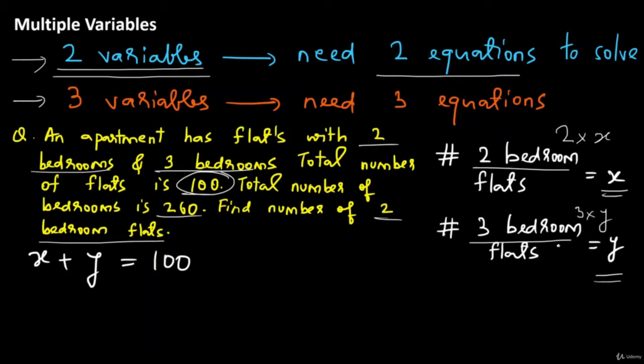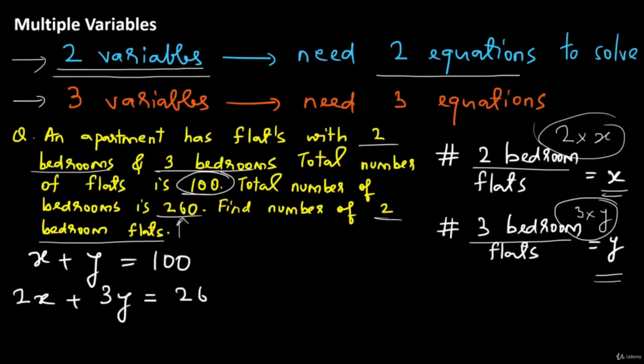Now the total number of bedrooms would be 2x plus 3y, and that is given as 260, right? So we have one more equation, 2x plus 3y is equal to 260. Now you can see that this equation has two variables and this equation has two variables. So we need two equations to solve and find the value of x and y. Alright, let's keep this aside.